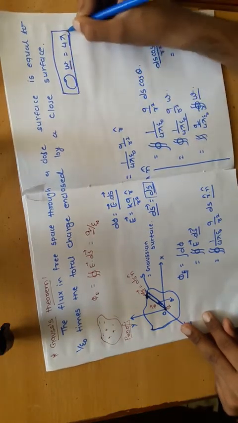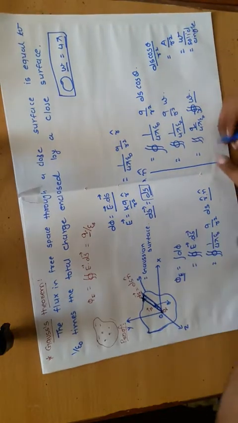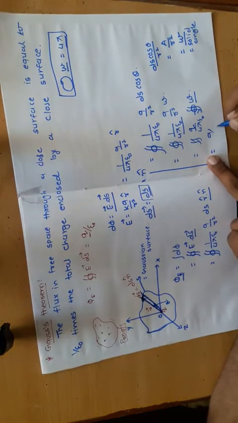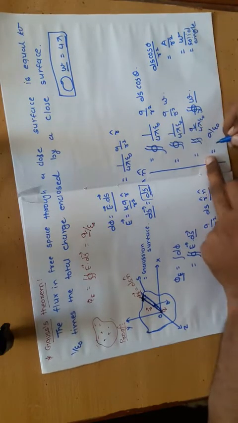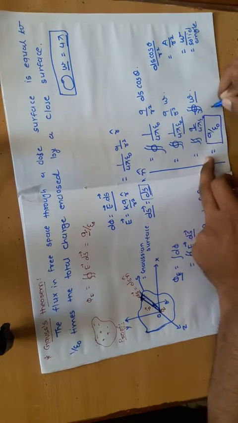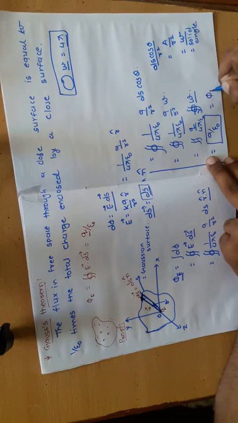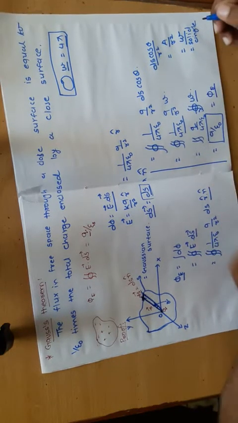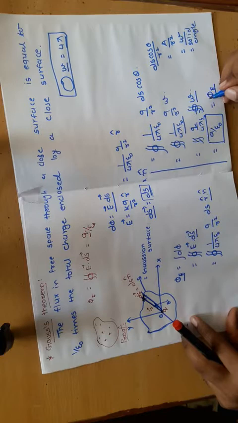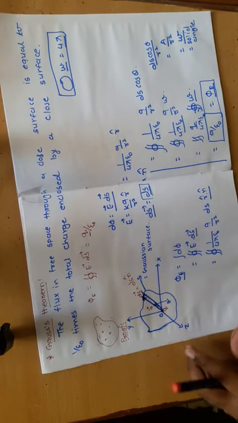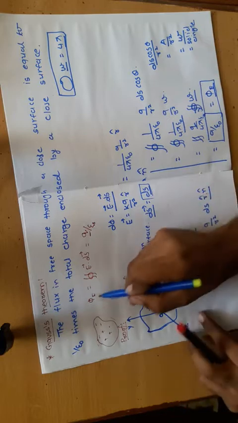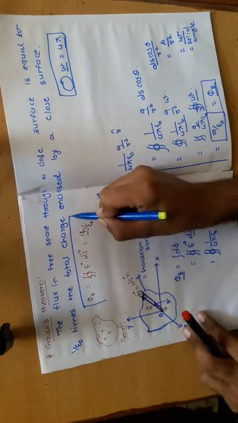So I will substitute this value in the equation. I will get q by epsilon naught, because 4 by 4 pi will be cancelled out. So q by epsilon naught will be equal to phi E, and this is the total electric flux from a closed surface. So we have proved this equation.